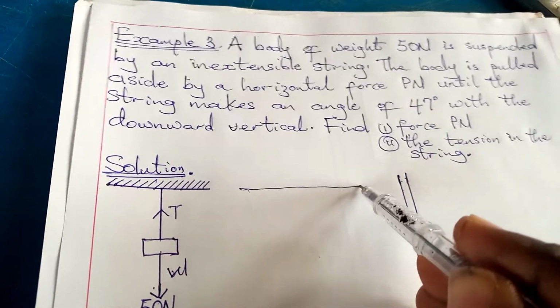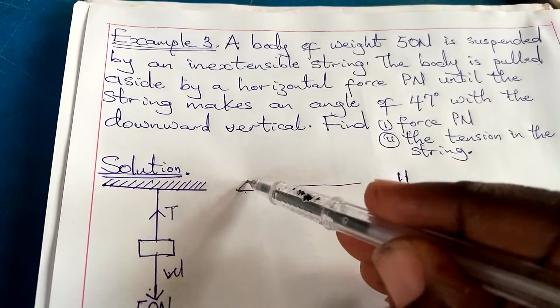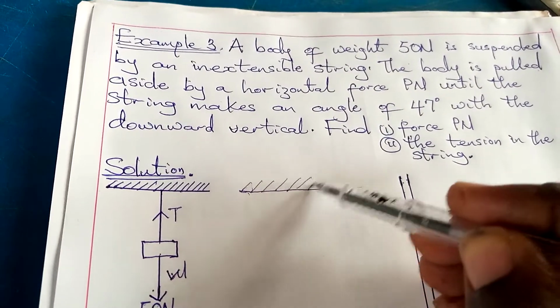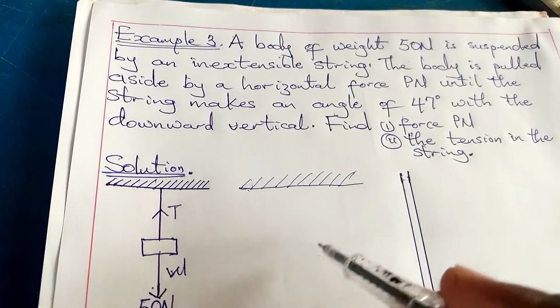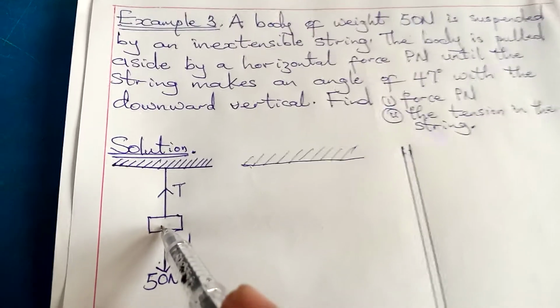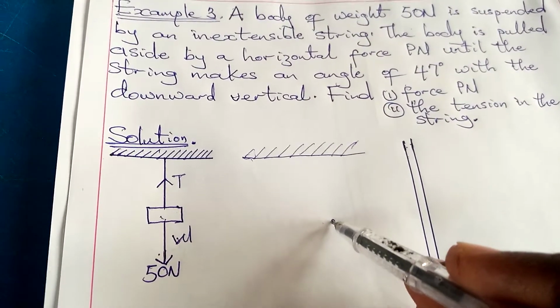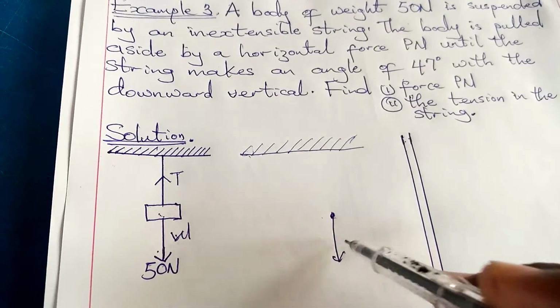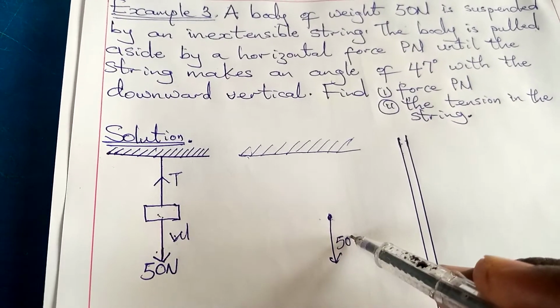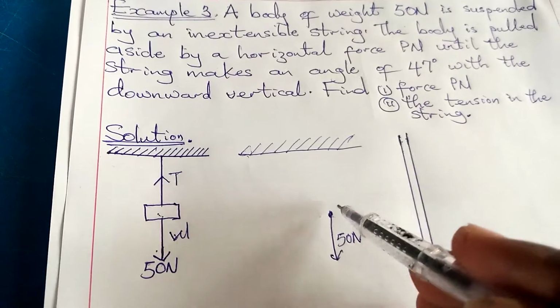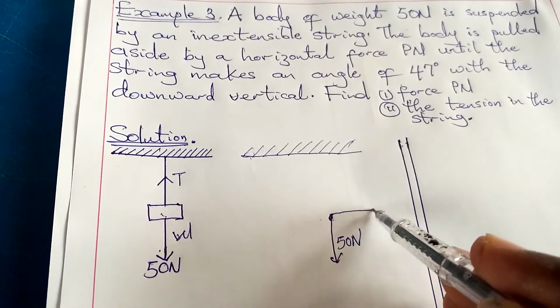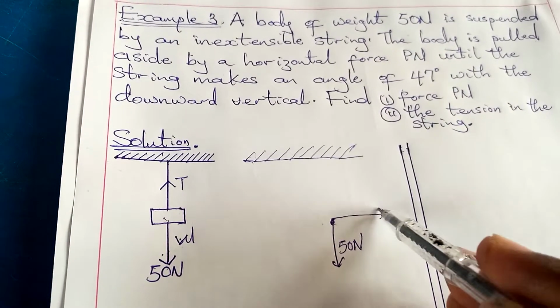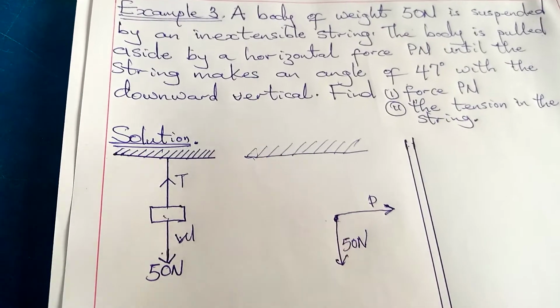Let's redraw the diagram. We still have the wall, and let's represent the body by a point, and this will still represent the weight of the body, which is 50 Newton. This is the horizontal force that is applied to pull the string.